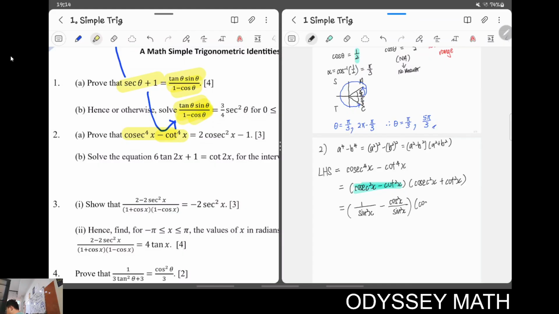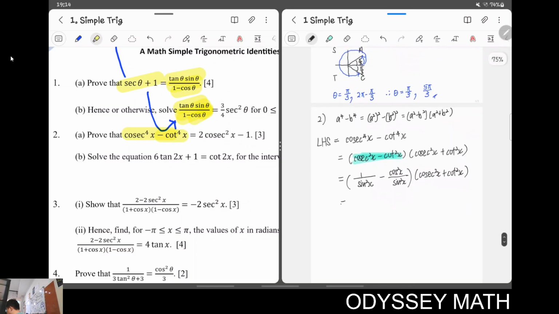And then here is cosecant square x plus cotangent square x. And then we combine the numerator together. And 1 minus cosine square x is sine square x. You all understand that?